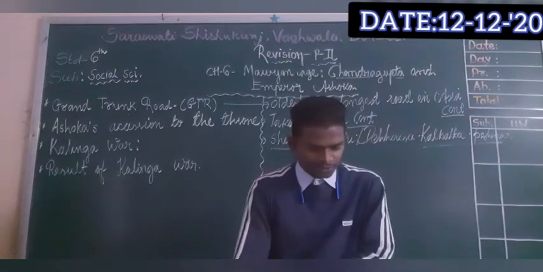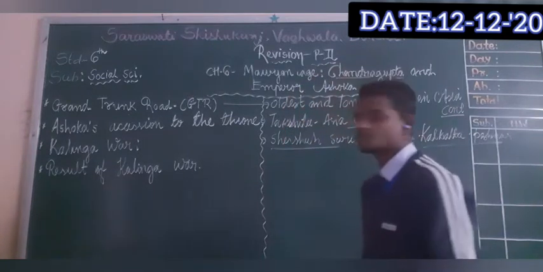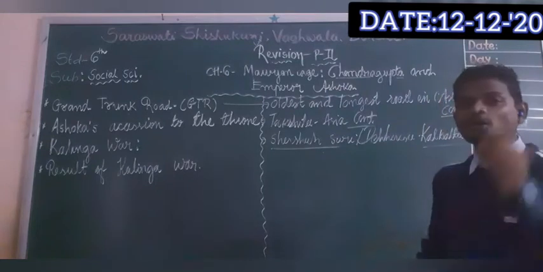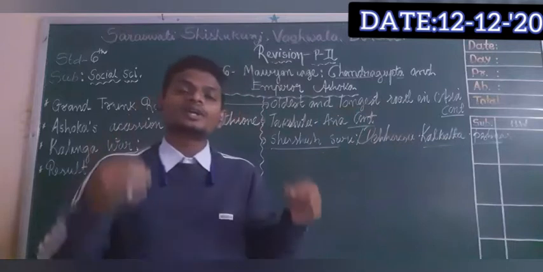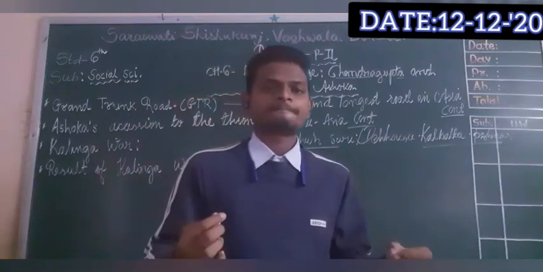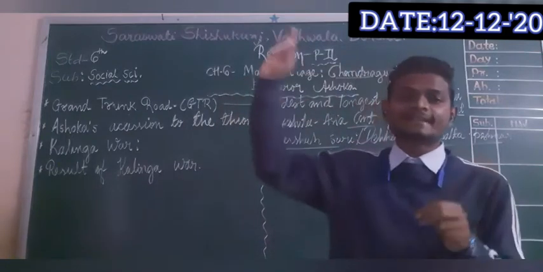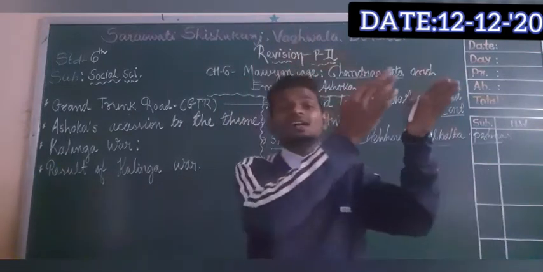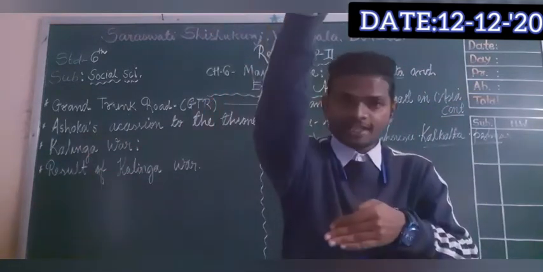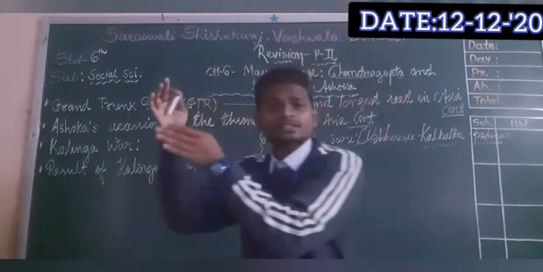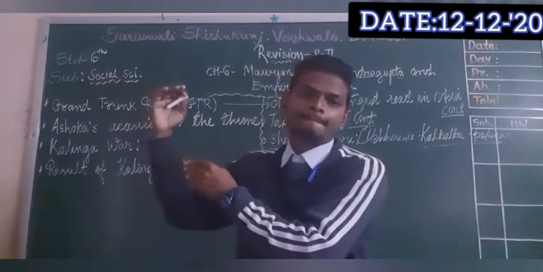At present this road is known as the National Highway from Delhi to Kolkata, National Highway number 8 or 1. It is part of the Golden Corridor, Delhi to Kolkata. Delhi, the capital of India, is situated in North India, and Kolkata is situated in East India.